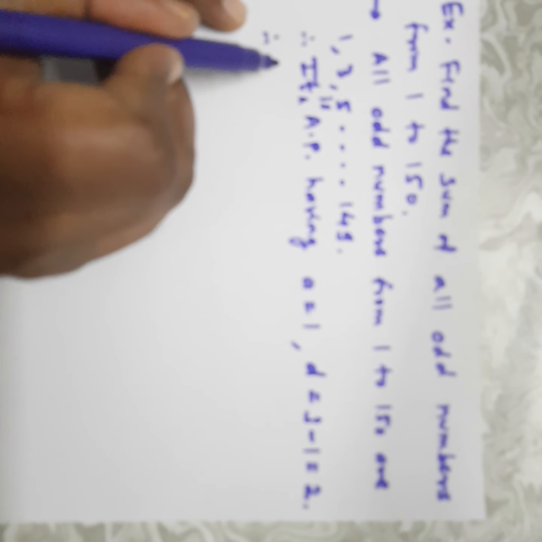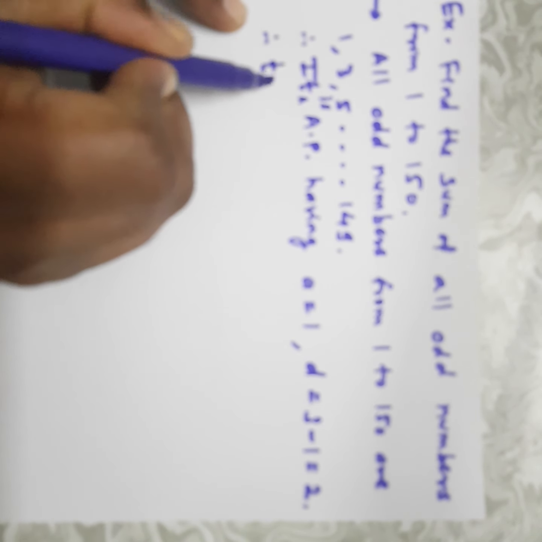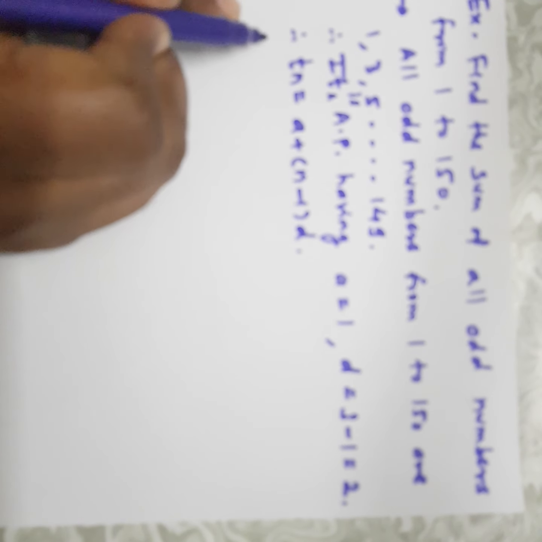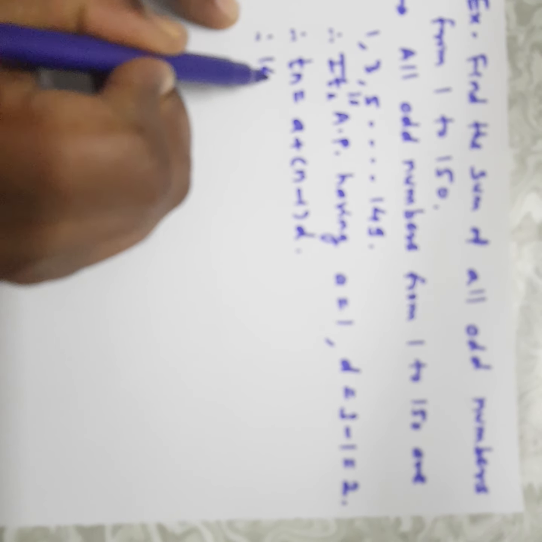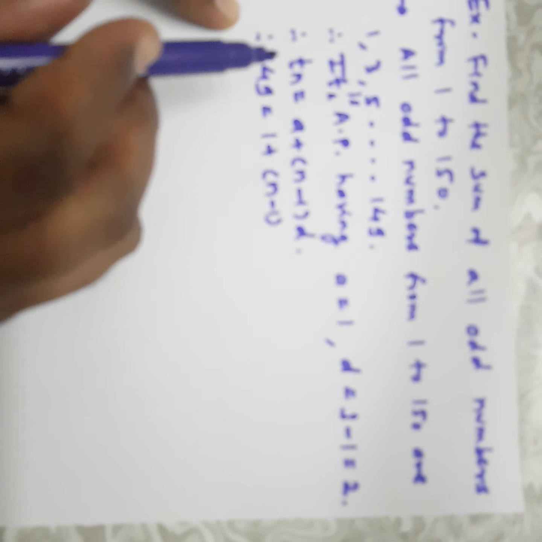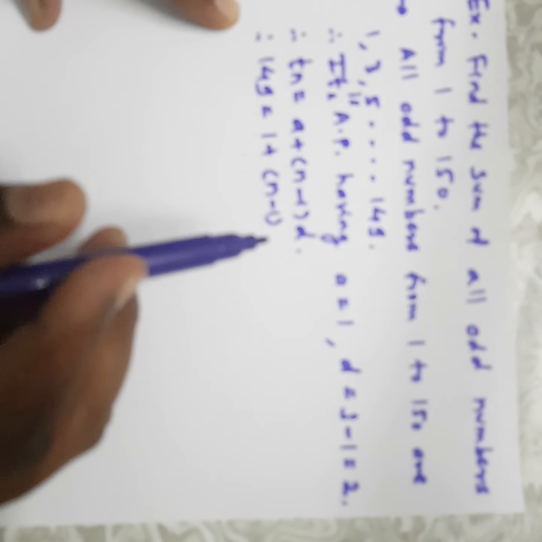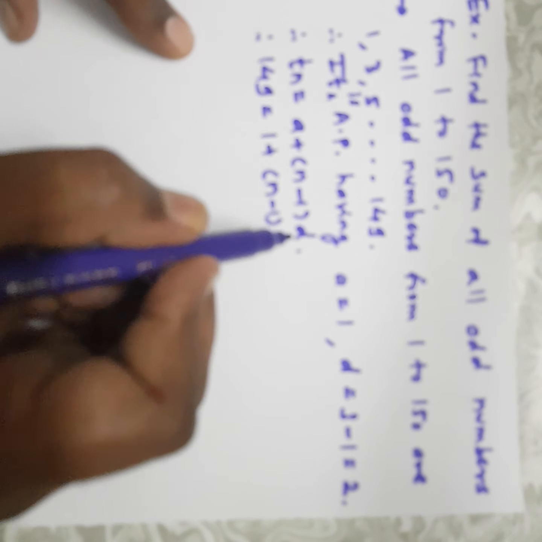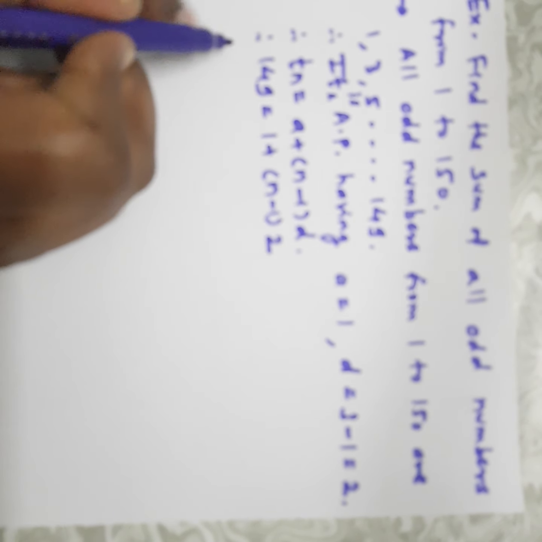Therefore if we use the formula for tn, that is the nth term, tn is equal to a plus n minus 1 into d, then the nth term 149 is equal to a, that is 1, plus n minus 1 into d. We have to find the number of terms, how many odd numbers are between 1 to 150, and d is equal to 2.